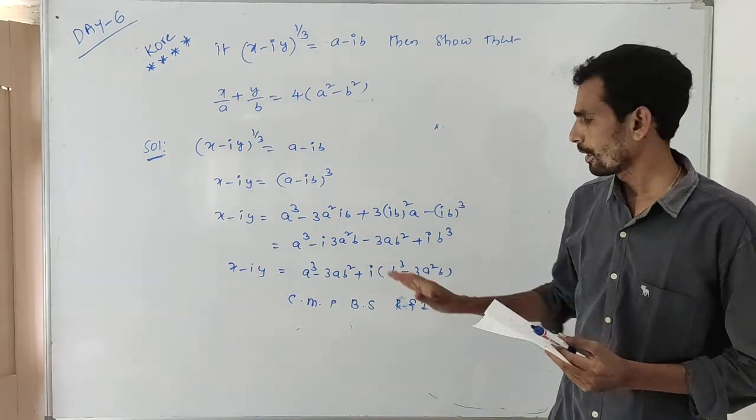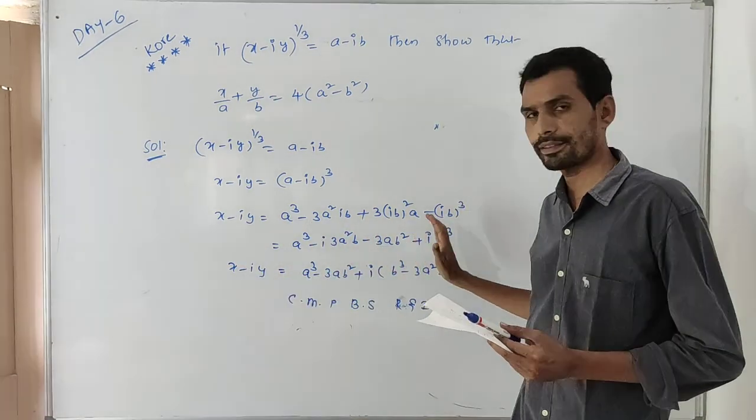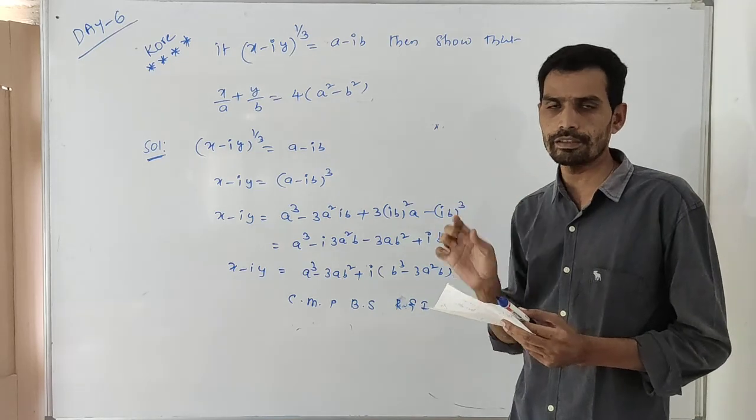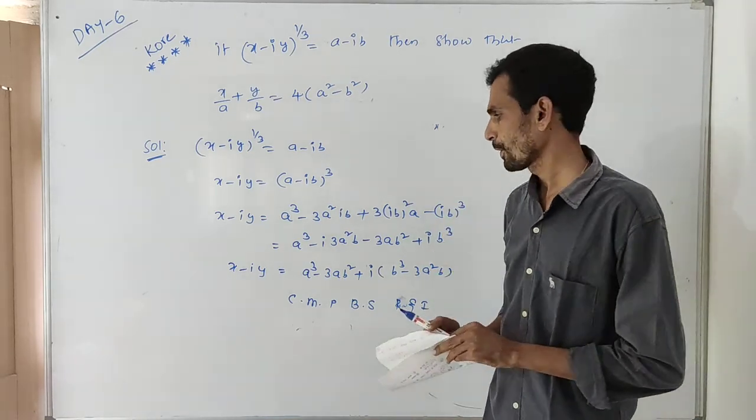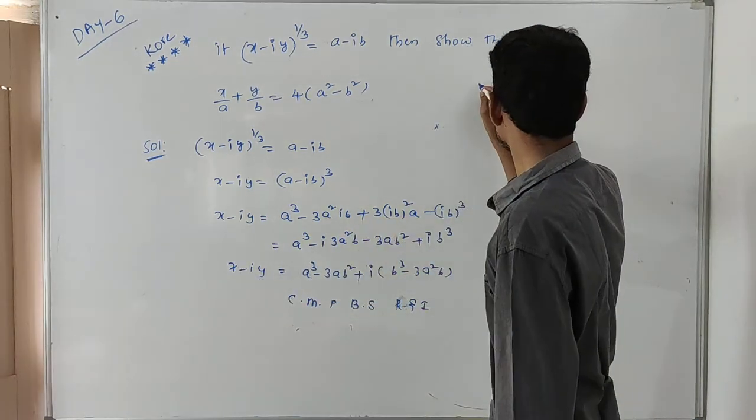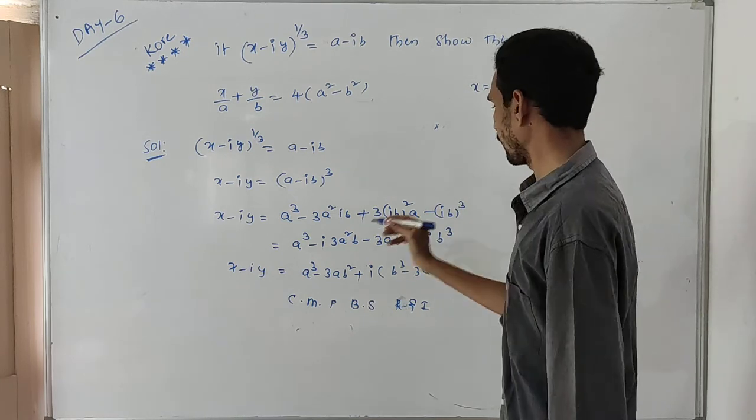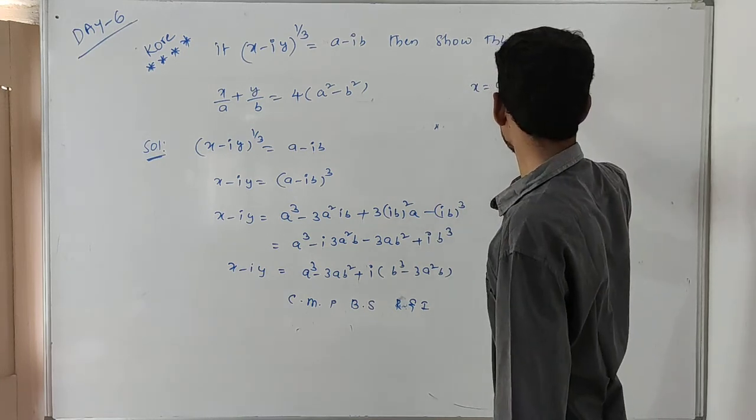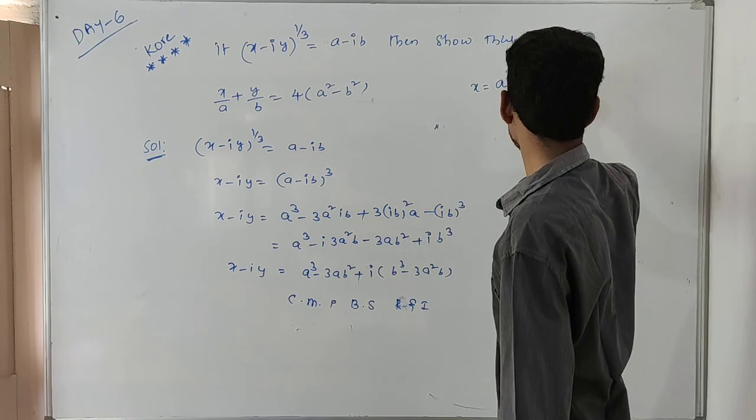Once again I will repeat. Comparing LHS side and RHS side, real parts and imaginary parts, meaning without i terms and with i terms. Here on the LHS, x is equal to a³ − 3ab². Any doubt?